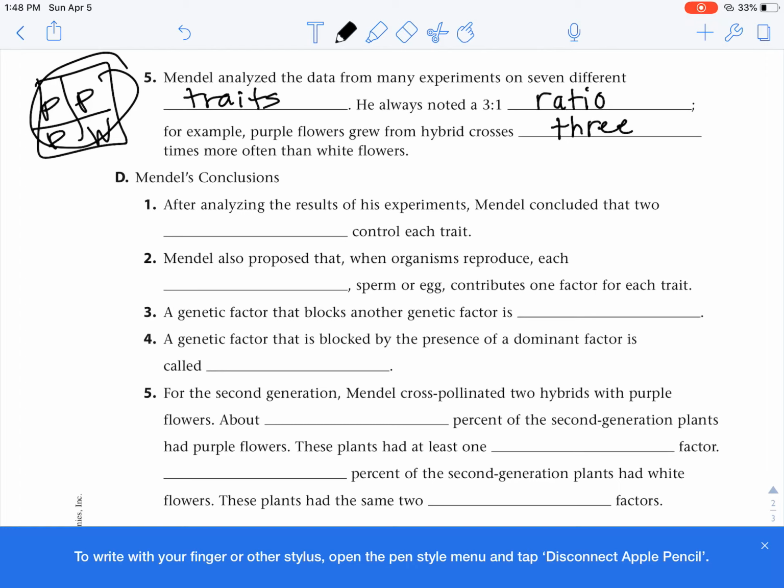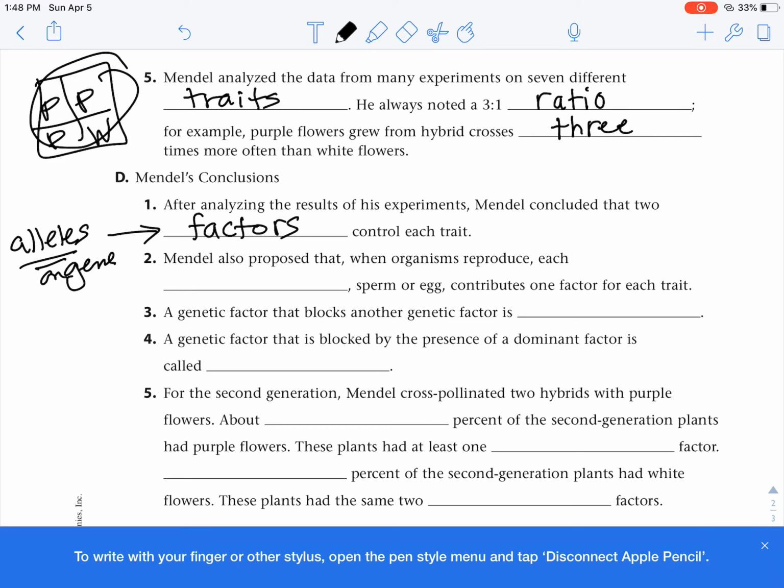All right, so Mendel's conclusions. After analyzing the results of his experiments, Mendel concluded that 2 factors control each trait. And these factors are going to be called alleles. We also call these alleles when we talk about a gene.